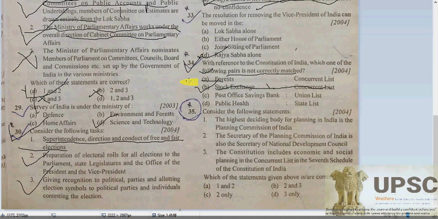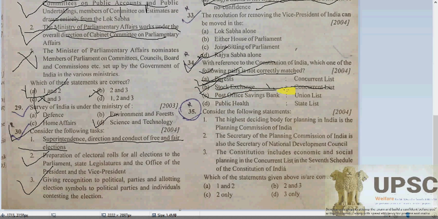Definitely forest comes under the concurrent list. We have three lists: state list, union list, concurrent list. The concurrent list is for both the central and state governments, the state list is for the states, and the union list is for the central government.